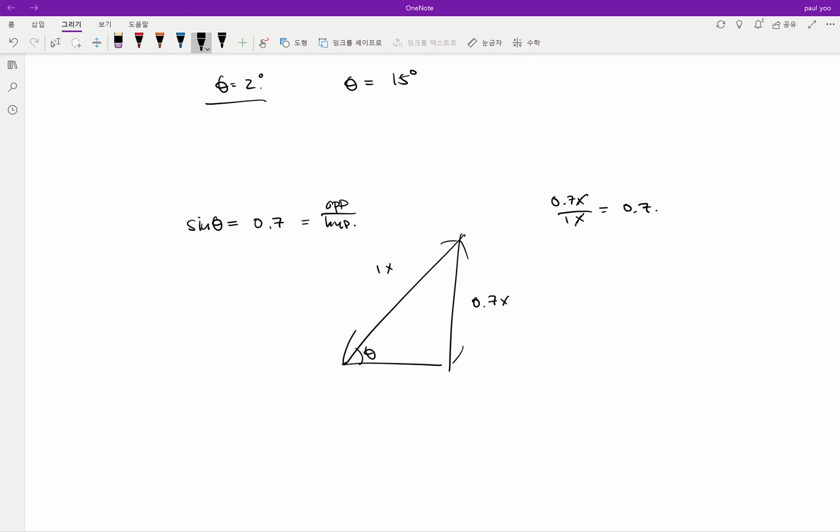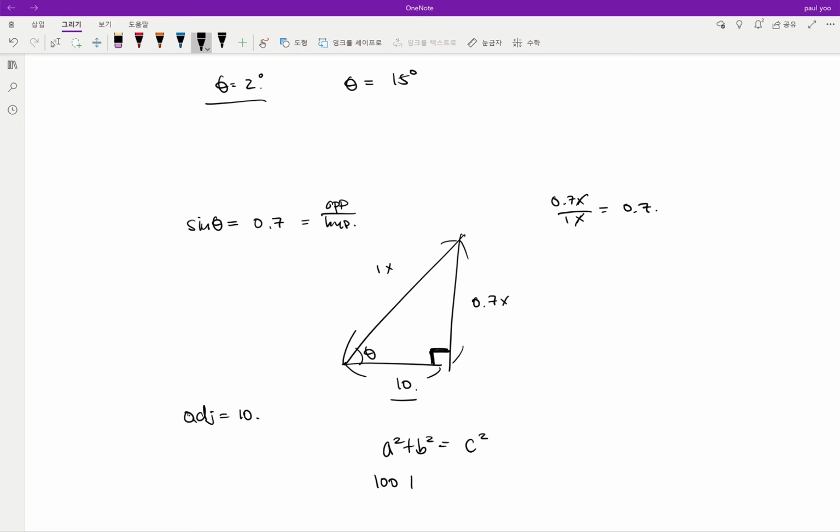We do not know the x yet, but let's say I gave you that the adjacent side is equal to 10. Then you can use the Pythagorean theorem, that a squared plus b squared is equal to c squared.